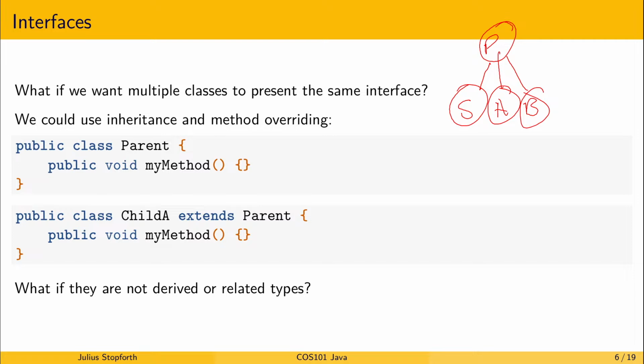When we use inheritance, we know that all of the child classes or the subclasses inherit the public methods. So they inherit the class interface of the parent.